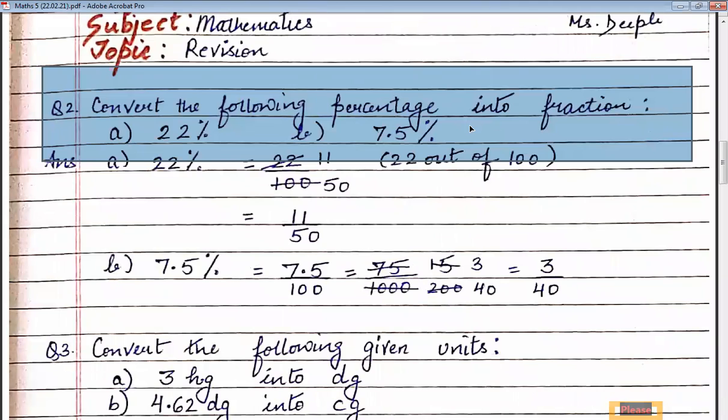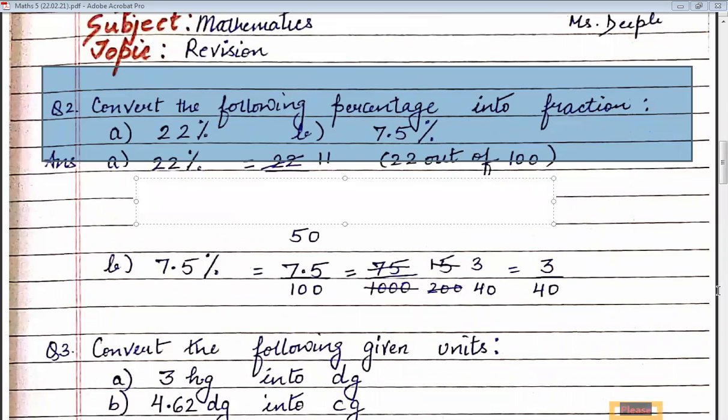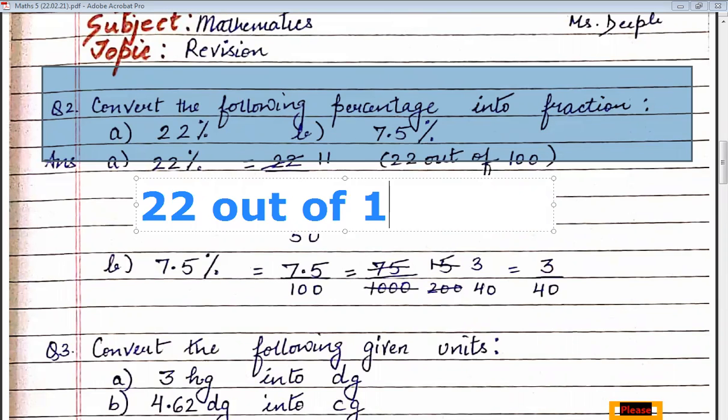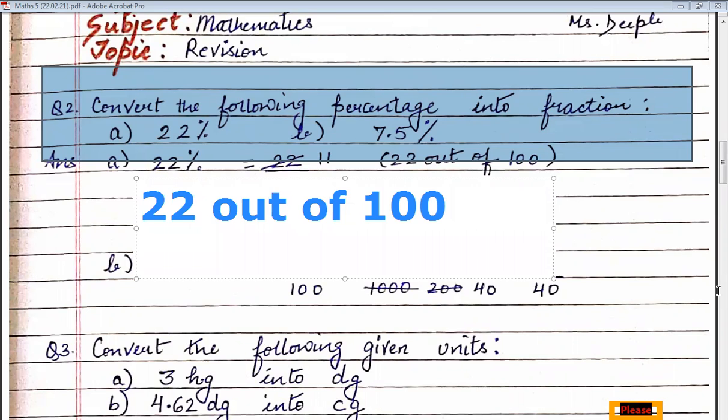Convert the following percentage into fraction. Now, children, here the percentage is given to you and you have to find the fraction. Children, 22% means 22 out of 100, which means 22 divided by 100, that is 22 upon 100.